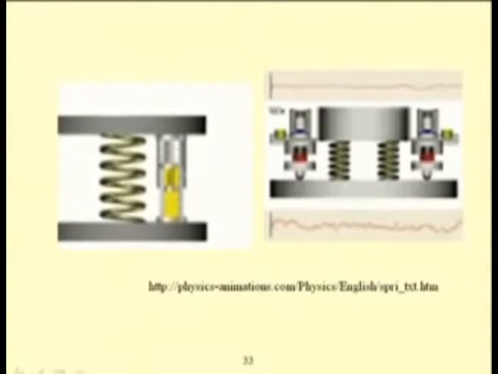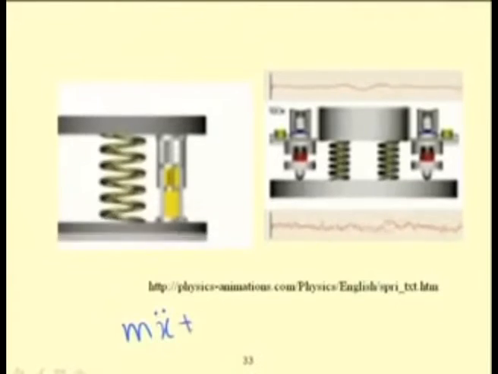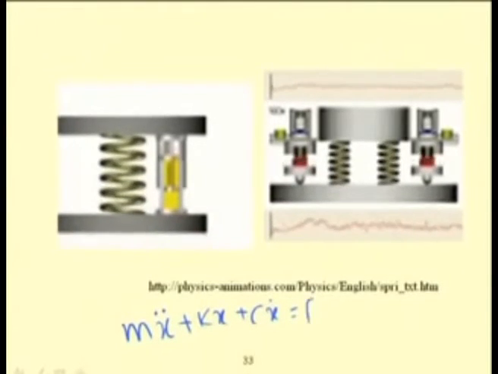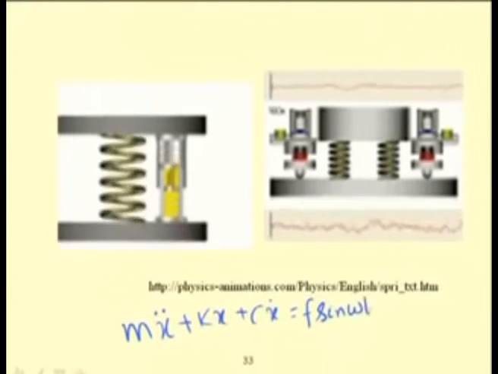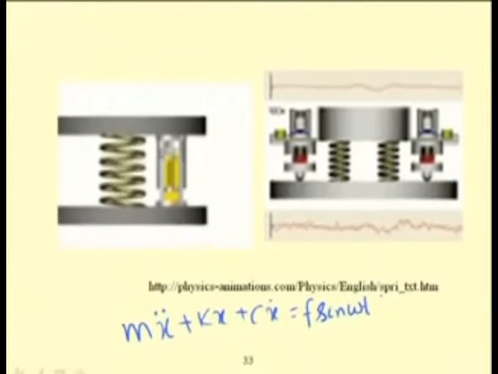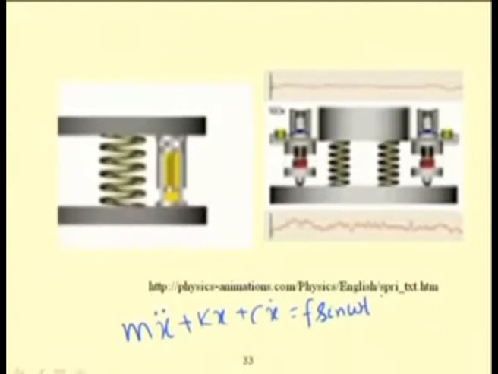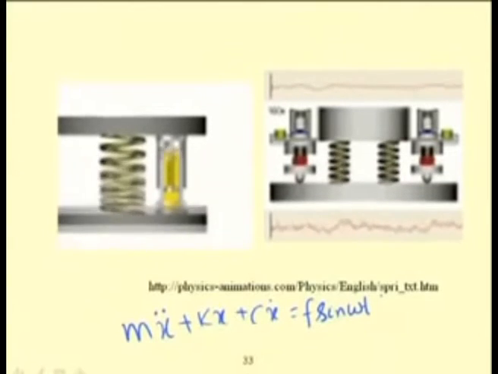If a force is continuously applied to the system, then the equation can be written in this form: mx double dot plus kx plus Cx dot equal to f, and if this force is periodic, then one can write this force equal to f sin omega t, where f is the amplitude of the force and omega is the frequency of this force. Instead of a harmonic force, some other type of force may be applied.